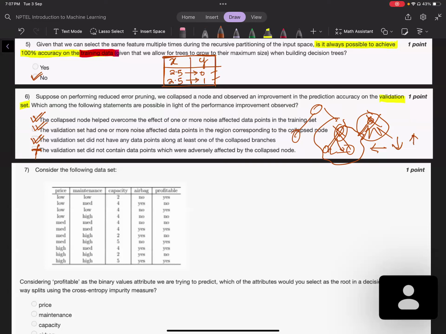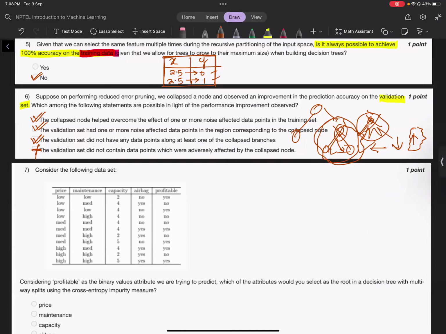One, the first option is that maybe the data points that made the tree have some error values in this region. Hence, by removing this, it is increasing. Or the training set might have some noisy points, or second, the validation set might have some points.